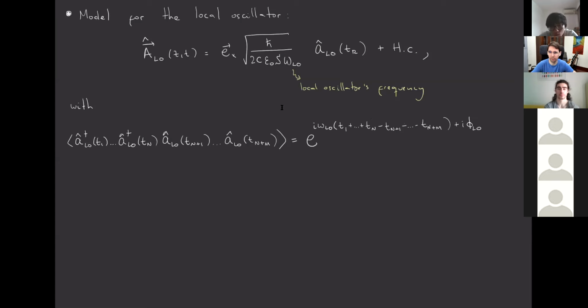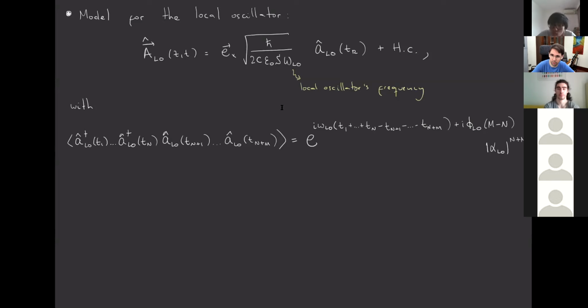So you have a phase for the amplitude of the coherent state, and you have m A operators and n A-dagger operators. And then you have some amplitude. This amplitude we will call alpha of the local oscillator. And we have n plus m of them, okay?